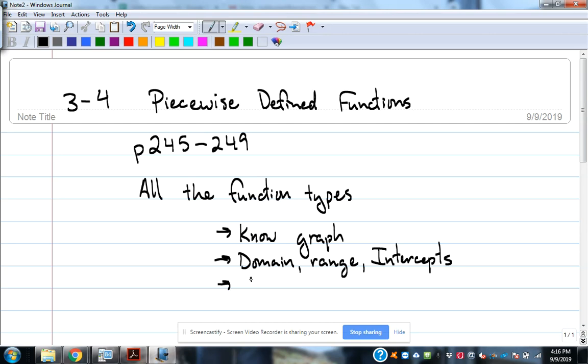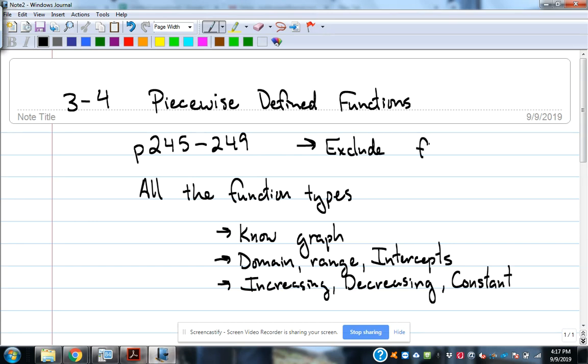And then increasing, decreasing. It gives you all of this information. And it's basically just learning the basics of each type of function.